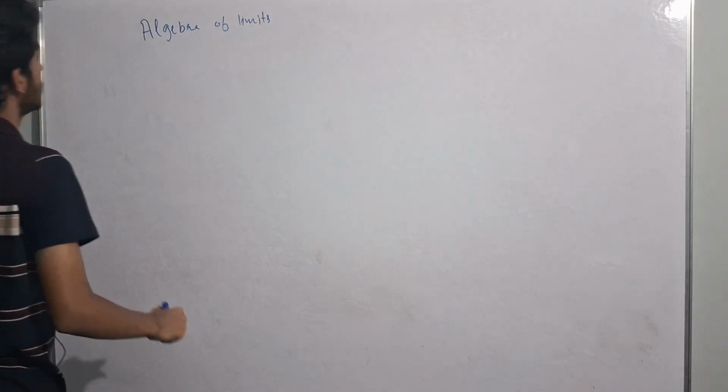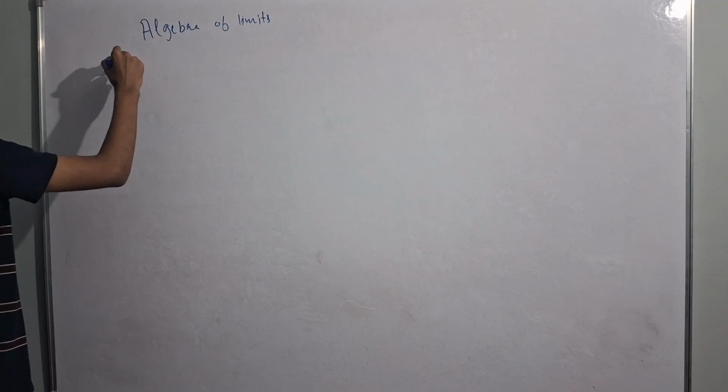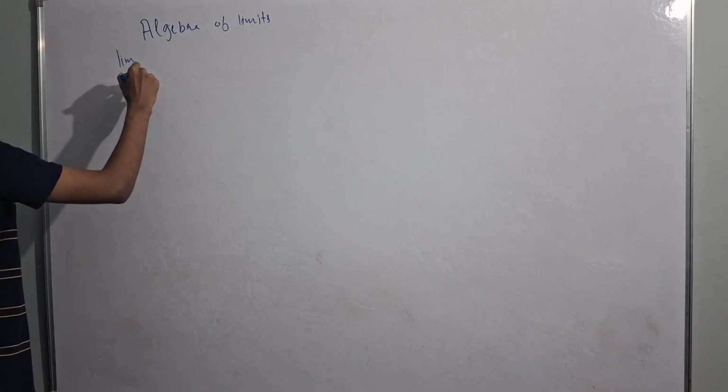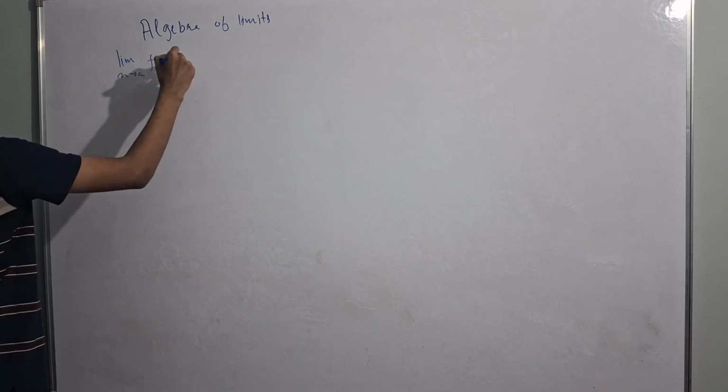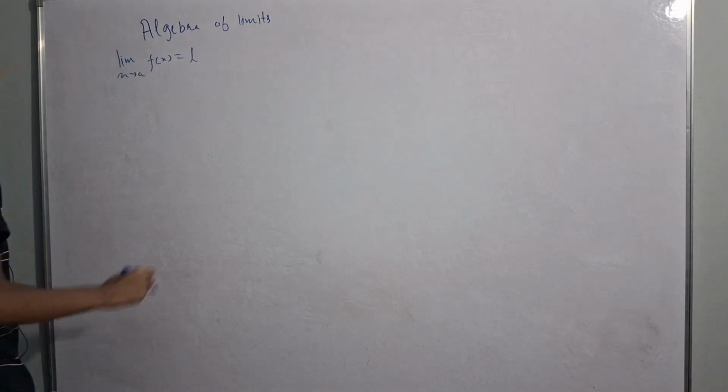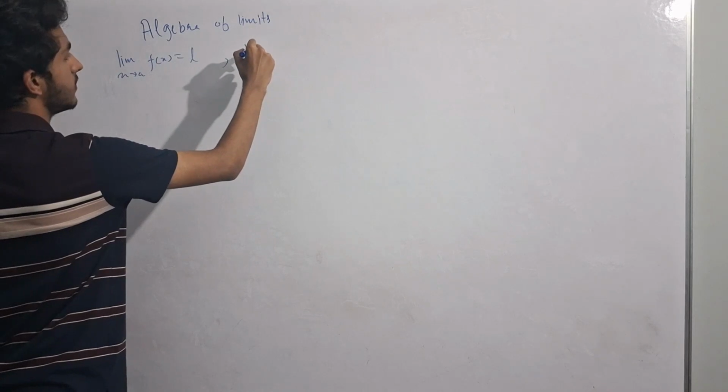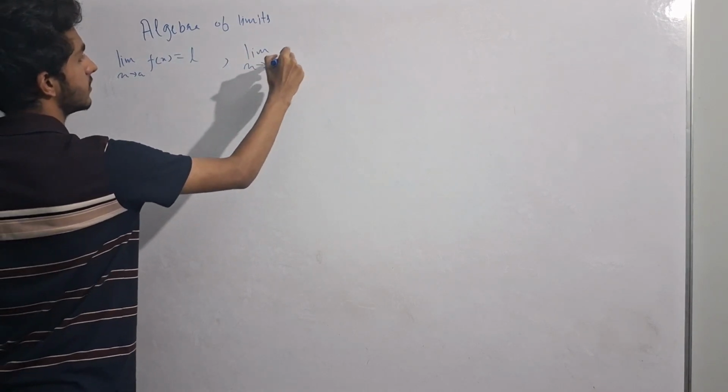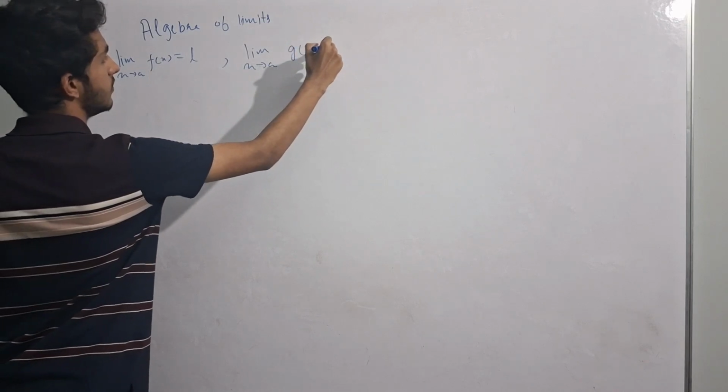limits. So let's suppose there exists a function, limit x tends to a f(x) is equal to, let's say, L, and limit x tends to a g(x) is equal to m.